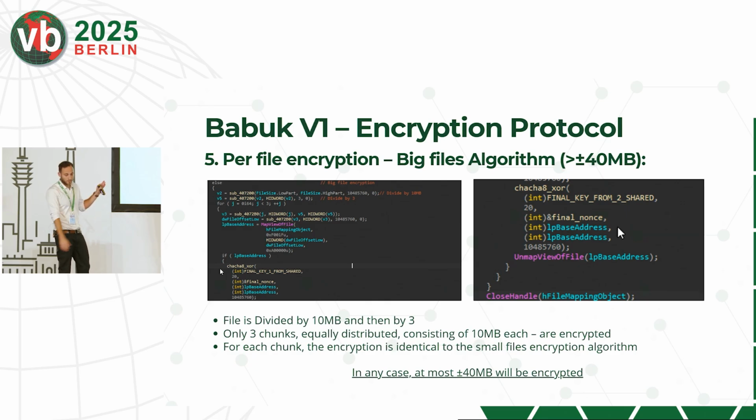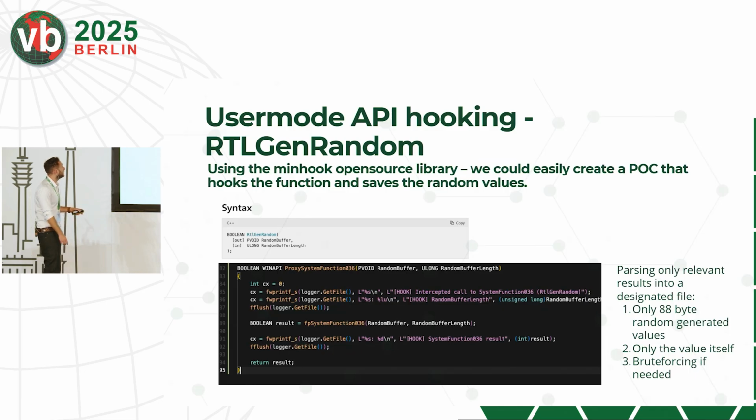And the fact is that at most, 40 megabytes will be encrypted for each file. This is pretty good in terms of performance, not specifically good in terms of the outcome of the encrypted file, but in terms of performance, it's okay.